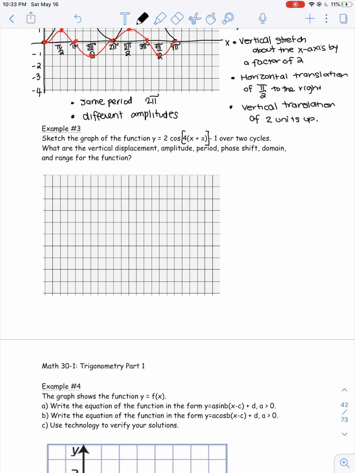Now we can keep the same window as before. We do want 2 cycles, so since this is going to have more cycles within the same values, we can change our values to go up to possibly pi, so I'm going to try that.